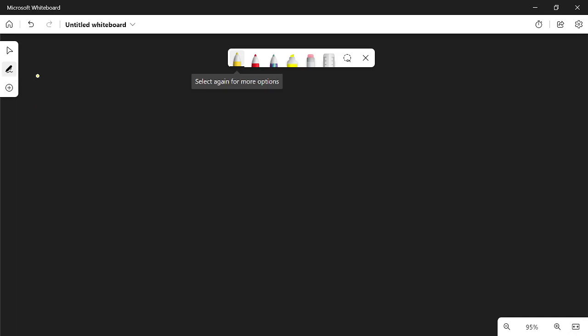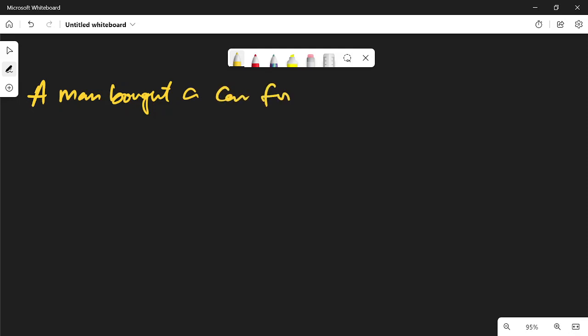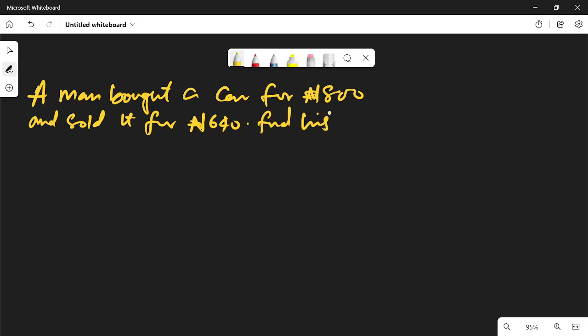The question states that a man bought a car for 800 naira and sold it for 640 naira. Find his loss percent.